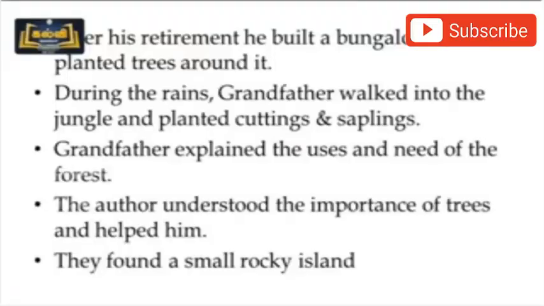Let's see the story. During the rains, grandfather walked into the jungle and planted cuttings and saplings. Grandfather explained the uses and need of the forest. The author understood the importance of trees and helped him. They found a small rocky island.